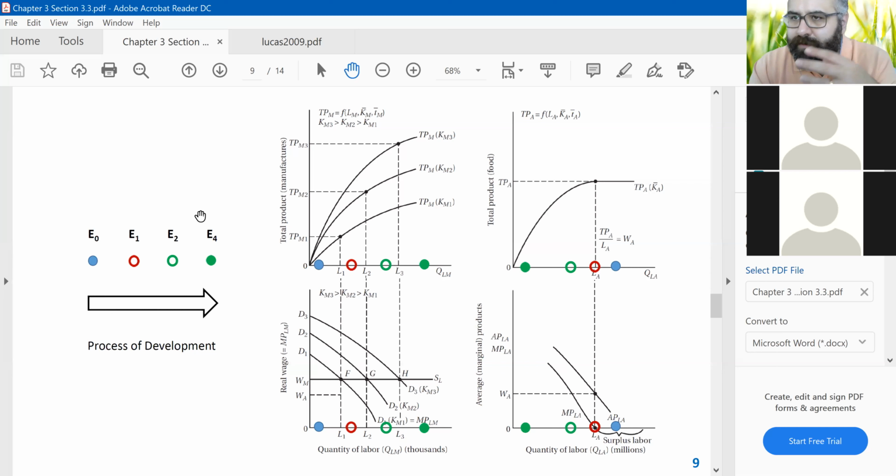The green dot is associated with higher productivity, because in the initial equilibrium you are not using your resources where they are productive. You are employing them where their marginal productivity is 0. All right. So that's the entire idea.